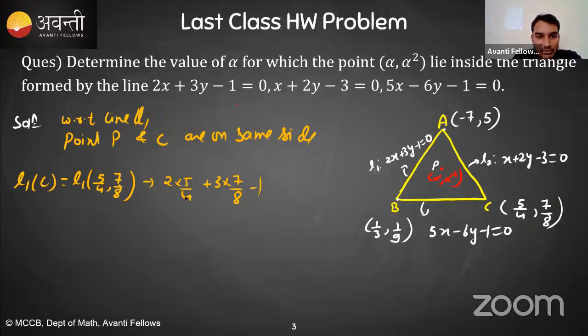So this is 5/2. 5/2 is greater than 1, so 5/2 minus 1 is positive, plus some positive number. So it is positive. It means when you put the vertex C in the line L1, you will get some positive number. So when you put your point P in the line, you will get the same sign, greater than 0. Yes or no? This is the thing that we discussed in the last class.